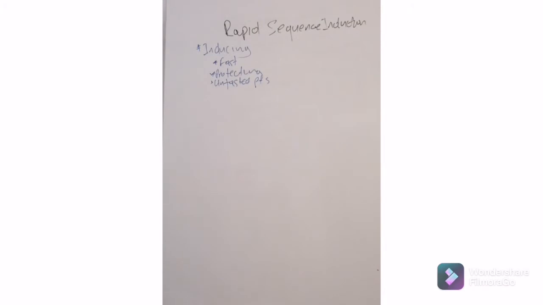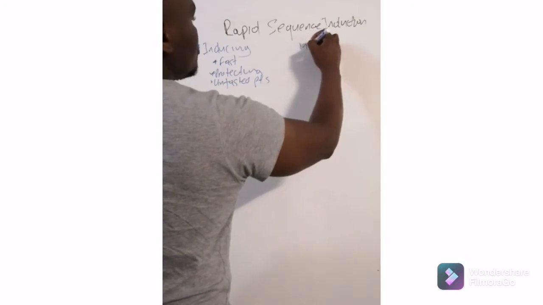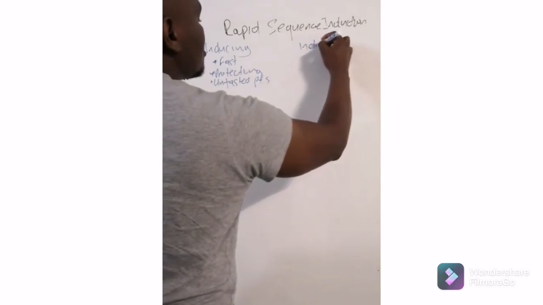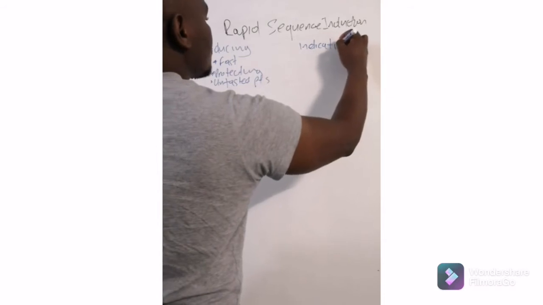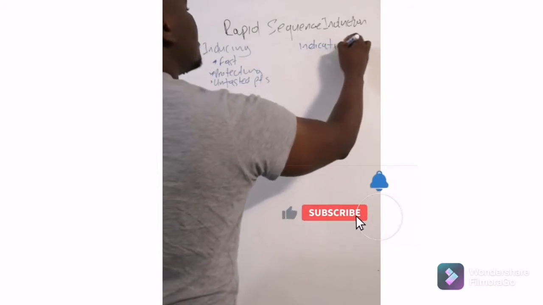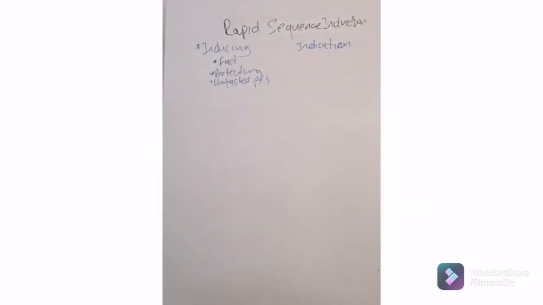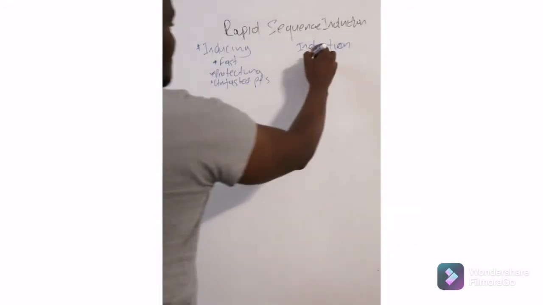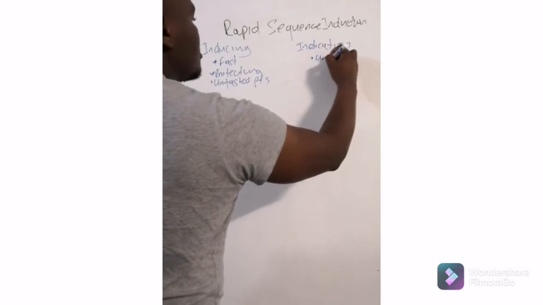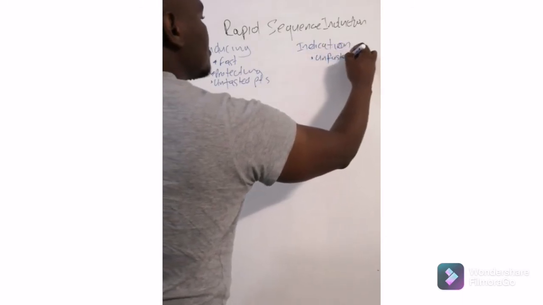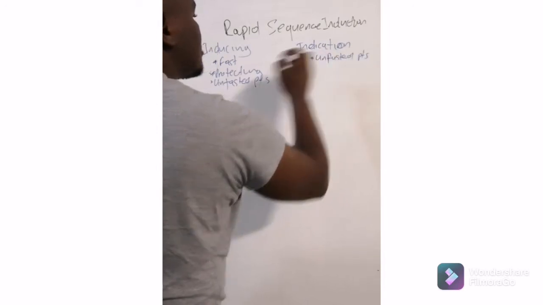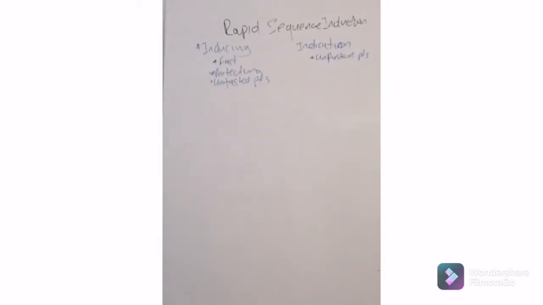So we already know the indication: when do you do a rapid sequence? It's unfasted patients. You have this patient that is unfasted, and you have to induce them because they need to be operated.